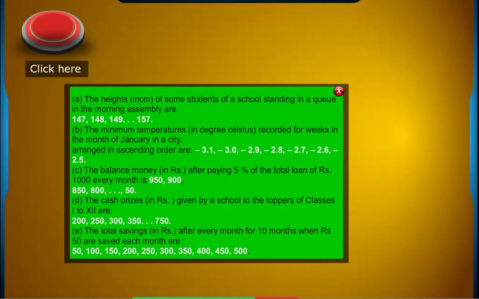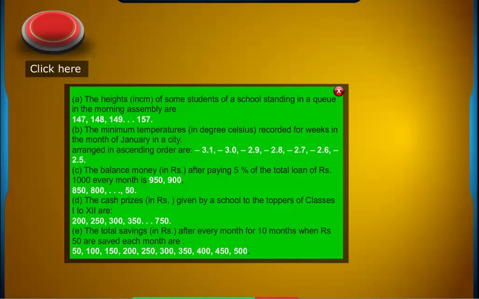C. The balance money in rupees after paying 5% of the total loan of rupees 1,000 every month is 950, 900, 850, 800, up to 50. D. The cash prizes in rupees given by a school to the toppers of classes 1 to 12 are 200, 250, 300, 350, up to 750.